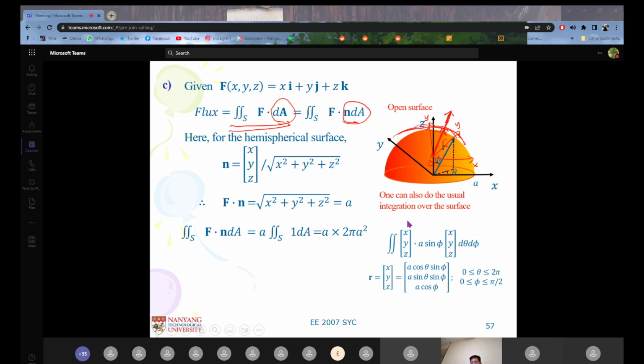So in this case, with this parameterization, remember, F is still this, and then the normal to the surface, the capital N, will be this. We have derived it before earlier on, and then times d theta d phi, because I use theta and phi as my parameters.